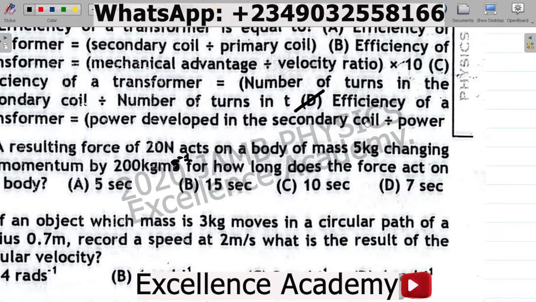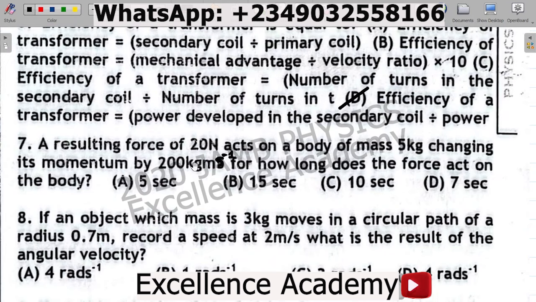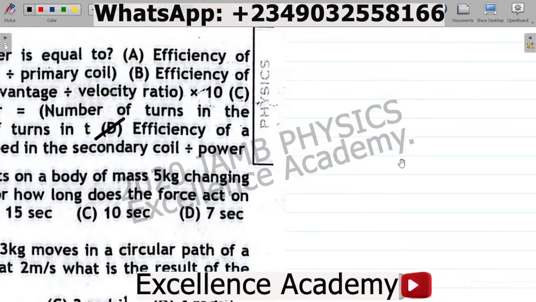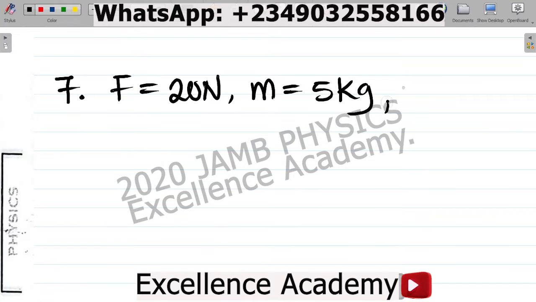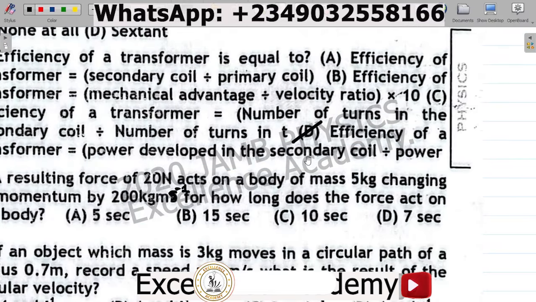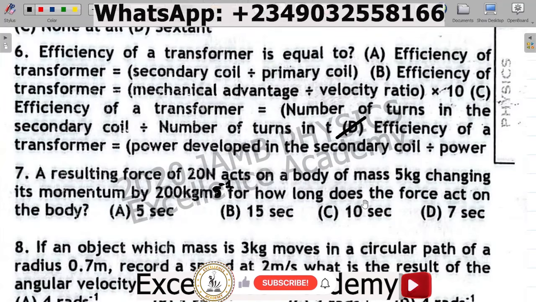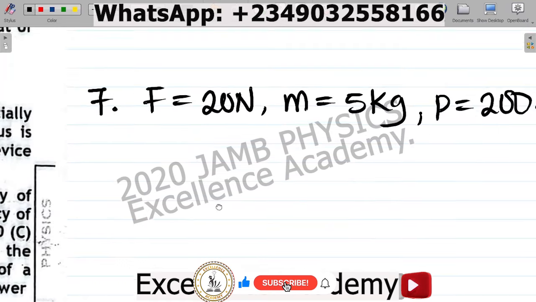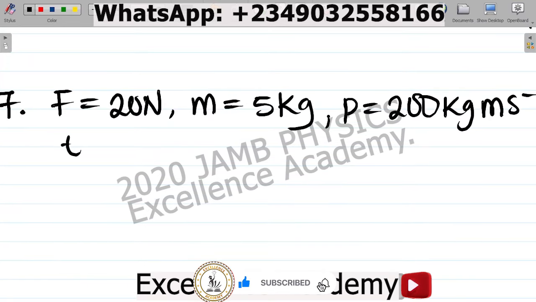They said changing its momentum by 200 kilogram meter per second, so you're given momentum P as 200 kilogram meter per second. You ask how long does the force act on the body? That's about time, so T is unknown. So how do we solve this question?